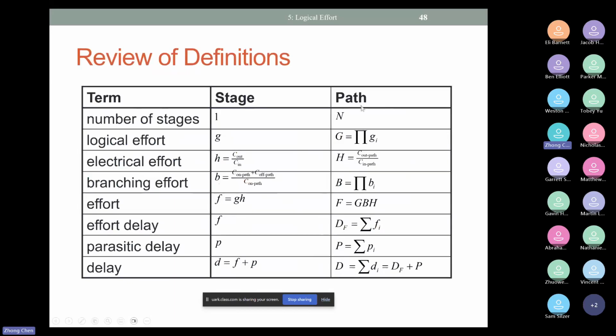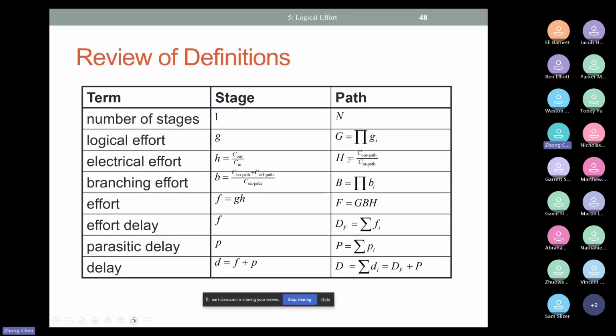All right. And if you have a path, meaning you have a multi-stage, you have a capital N here as the number of stages. So the logical effort will be the total logical effort, which is the product of g_i. You just multiply the g together, and that becomes your total logical effort. And the electrical effort will become a capital H, because you have a multi-stage now.